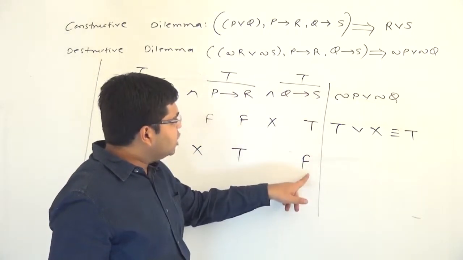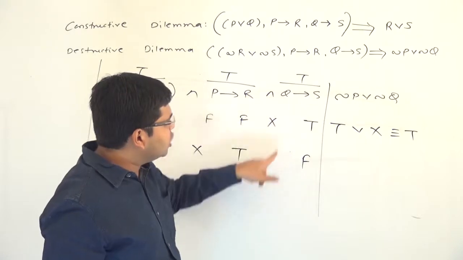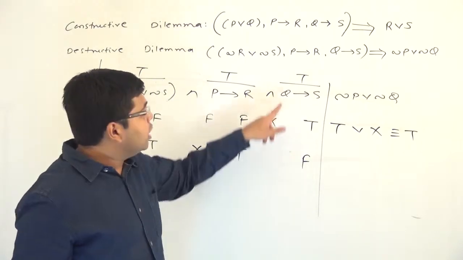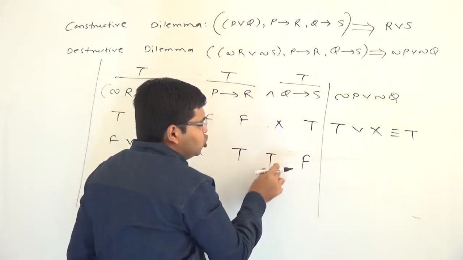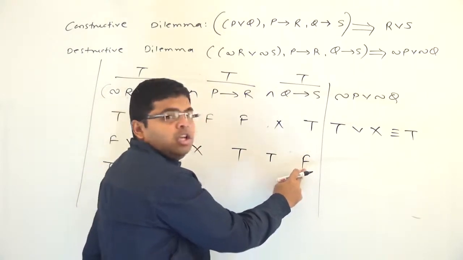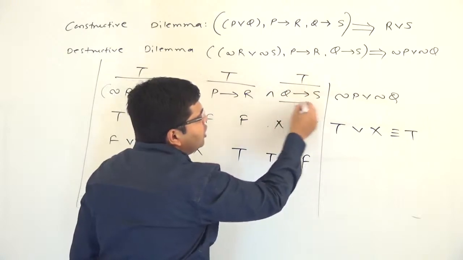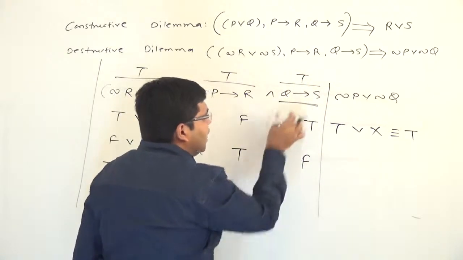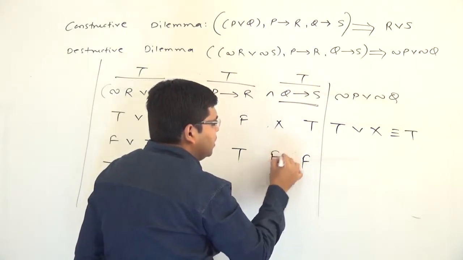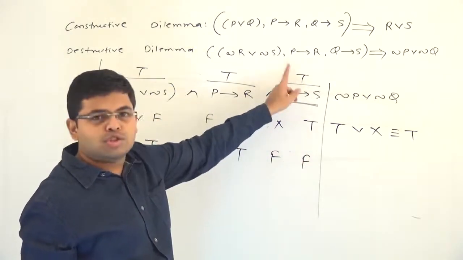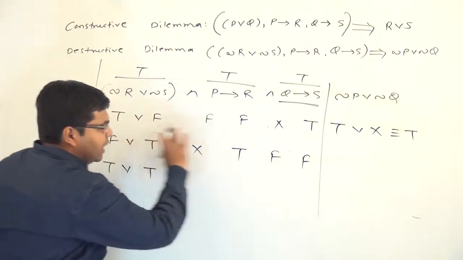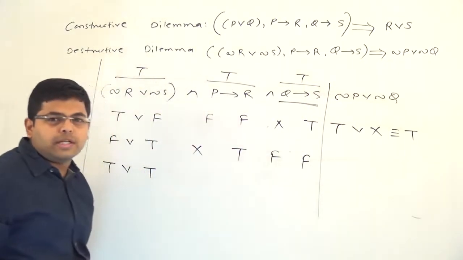Here S is false, and therefore Q cannot be true, because if you take Q true, then true implies false will become false, and we want this implication to be true. That is why the value of Q must be false, so that false implies false becomes true. So this is the left hand side, and now let us see what happens at the right hand side.